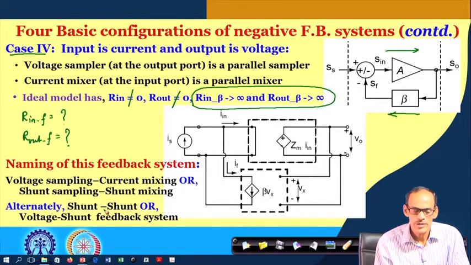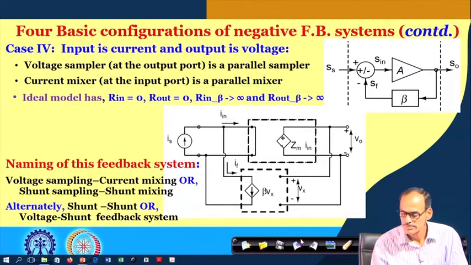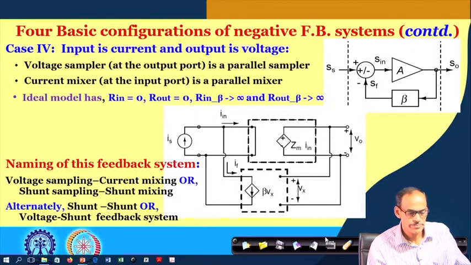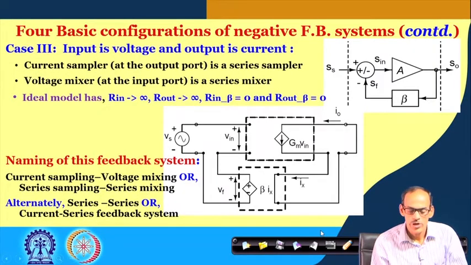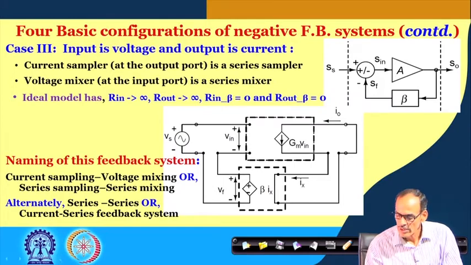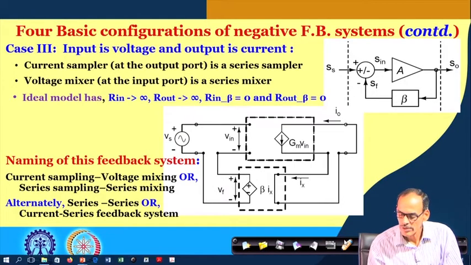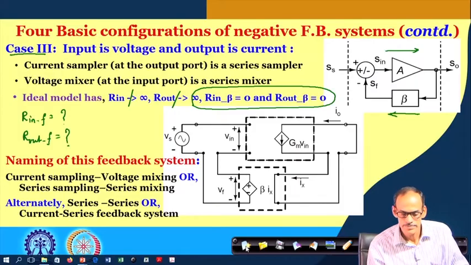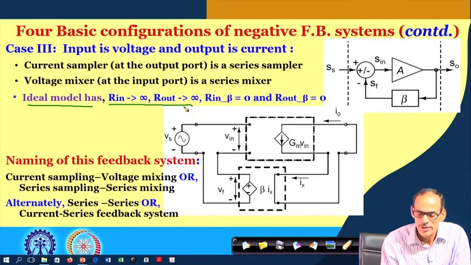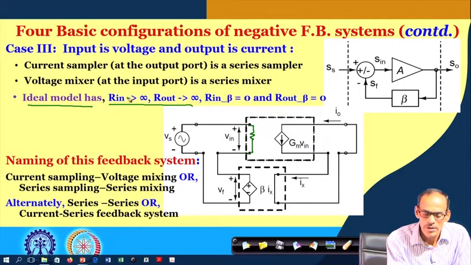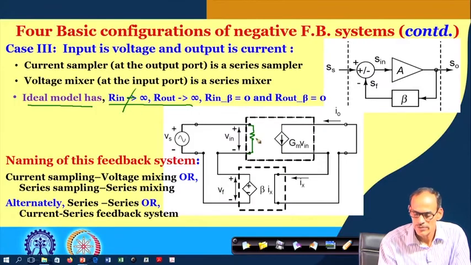It is valid for the other configurations too. For example, if we go back and consider this case, to support the ideal situation we have considered this, but in case I have some finite resistance here, suppose this is non-infinite.